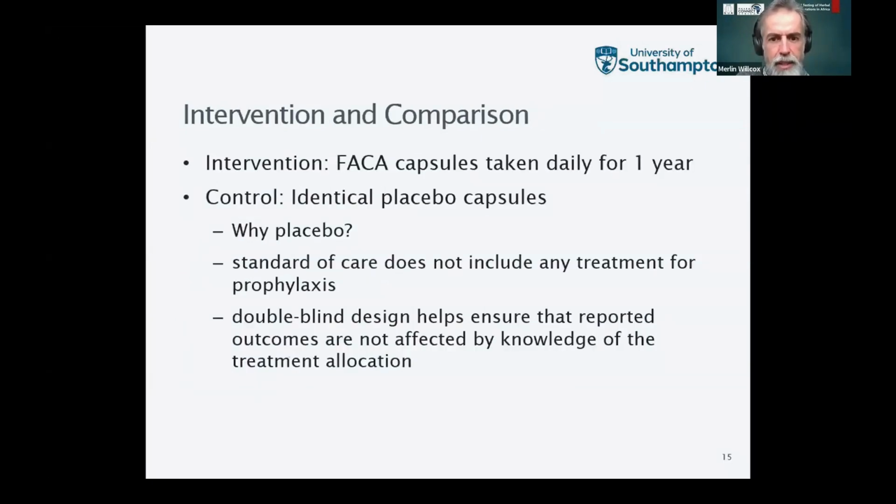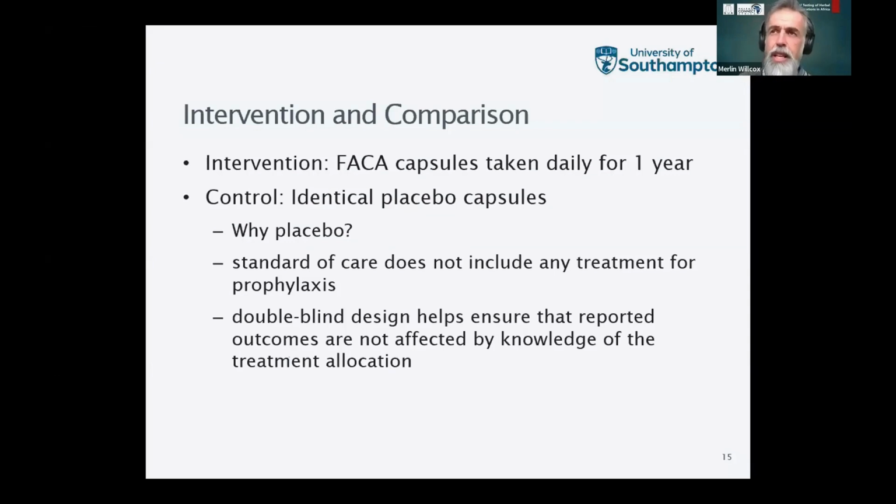Now, in terms of the intervention, as I mentioned, the team decided to go for the FACA capsules being taken daily over a period of 1 year. Now, the control, it was decided to go for placebo. So you might ask, why placebo? In this case, the standard of care in the national guidelines doesn't include any treatment for prophylaxis for prevention of sickle cell crises.